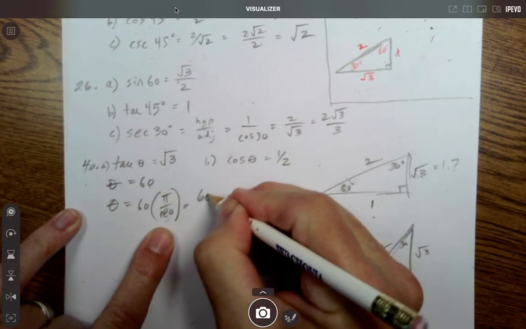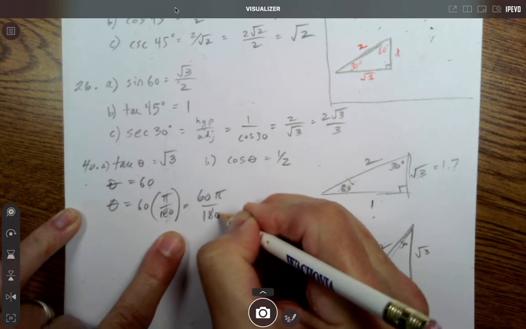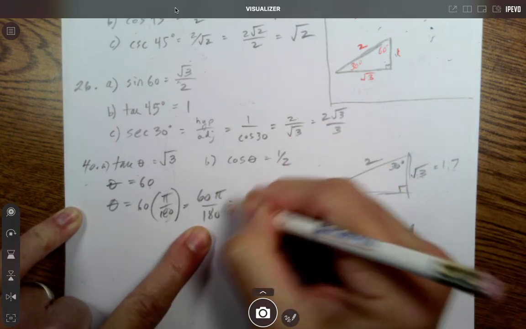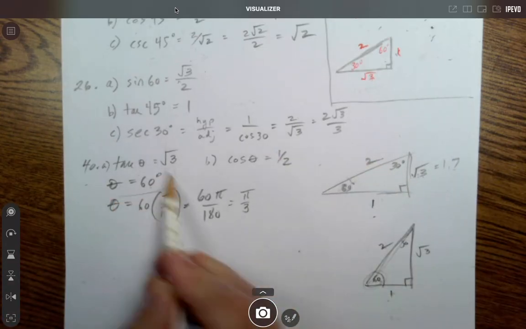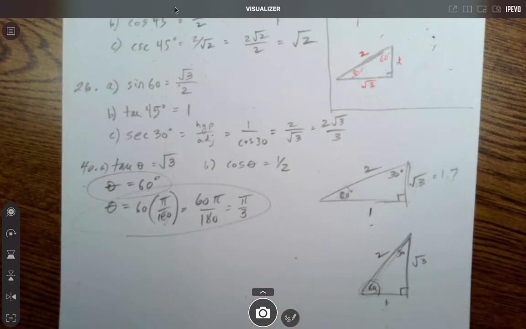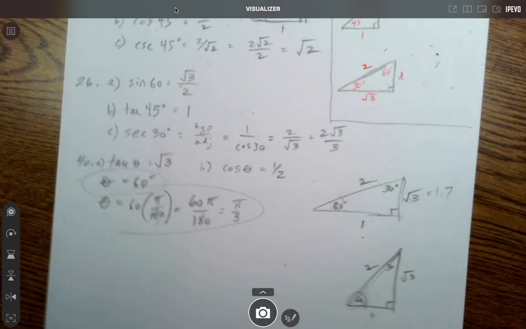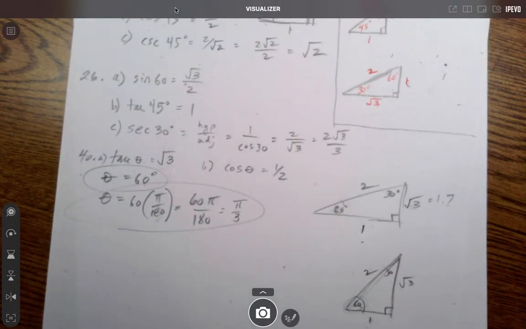And that would be 60 pi over 180, and 60 and 180 cancel, and you get pi over 3. All right, so that is 60 degrees, which is also pi over 3 radians.